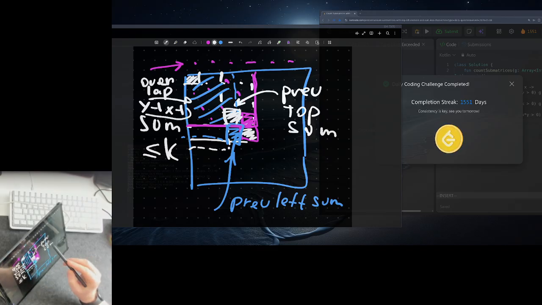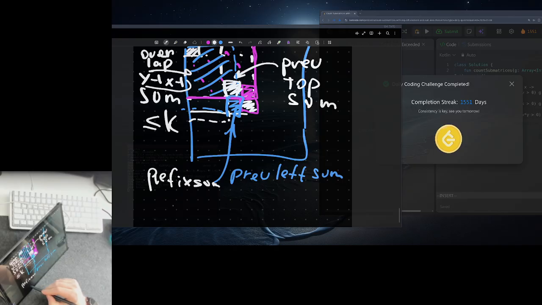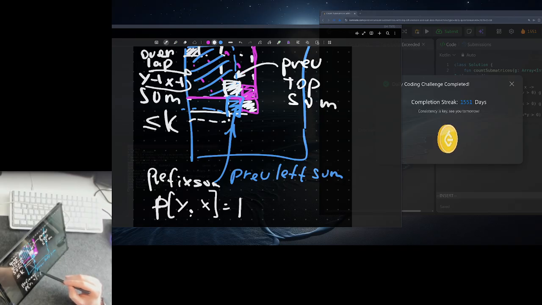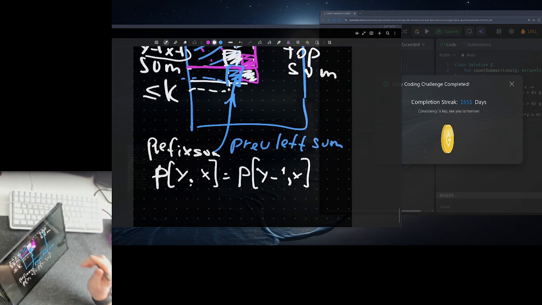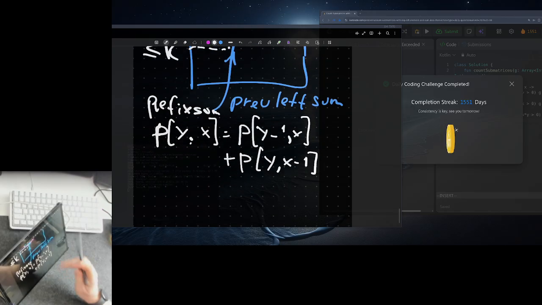So this is a prefix sum equation. The current sum yx equals previous top, which is y minus 1 x, plus previous left, yx minus 1, and minus overlap.